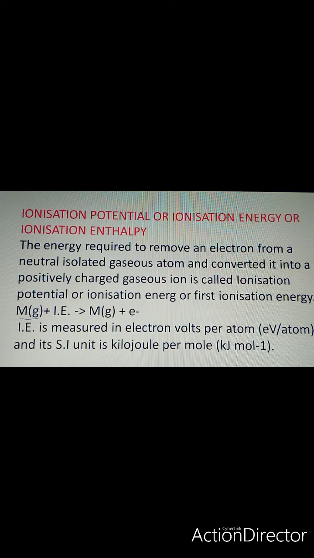When any element in the gaseous form is supplied with ionization energy, it gives M plus in the gaseous form plus electron minus, meaning a tendency to lose. Ionization energy is measured in electron volts per atom, and its SI unit is kilojoule per mole.